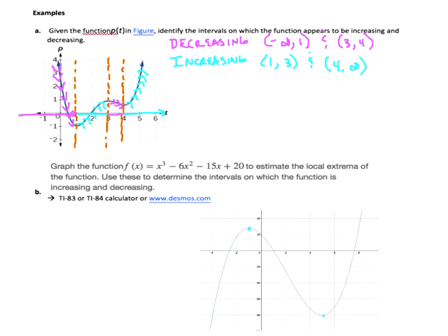Okay, very good. At the very top left, you should have a y equals button. Go ahead and click y equals. And before you start typing in our function x cubed minus 6x squared minus 15x plus 20, I want you to tell me, Cyprian, you should have at the very top of that screen plot 1, plot 2, plot 3. Are any of those plots darkened in or highlighted? Because if it is, you're going to have to turn it off first.